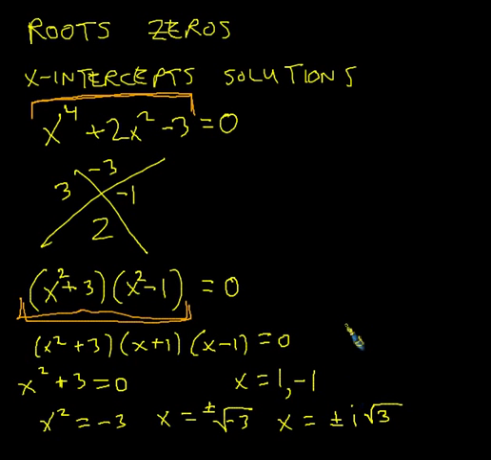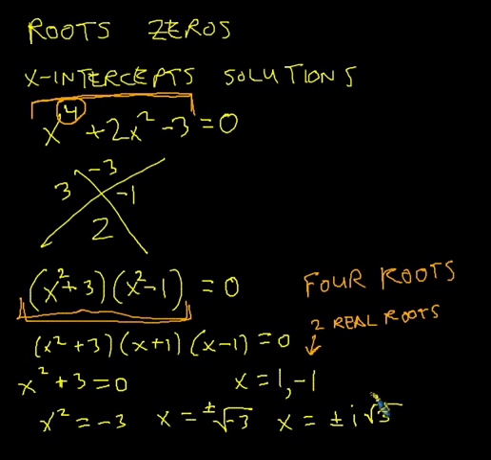Now what this means is that I have 4 solutions, and that's what I was saying earlier, is that this is a fourth degree polynomial. It's fourth degree, and as a result I can have up to 4 roots or solutions. And in this case I have the 2 real roots, but since I only have 2 real roots, I also happen to have 2 complex roots, and that adds up to a total of 4 roots.